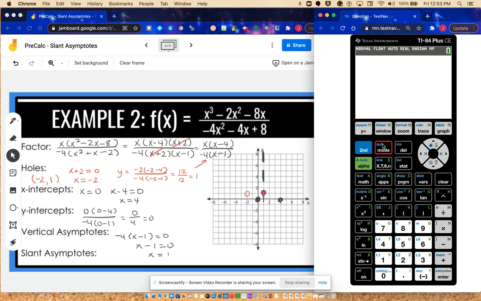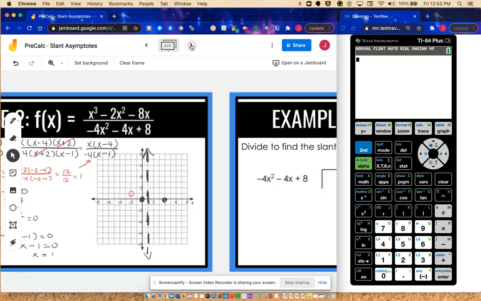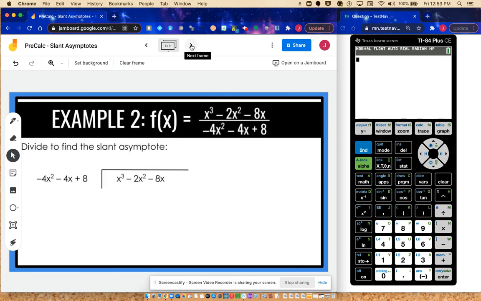And then from there, we're going to need to get our slant. And we know we have a slant by looking at the degree. The degree in the numerator is 3. The degree in the denominator is 2. Let's divide. Numerator divided by denominator. So we'll say to ourselves, negative 4x squared times what is going to give us positive 1x to the third. So that's going to be a negative 1/4, because that'll cancel out to give us 1 times x. And let's multiply.